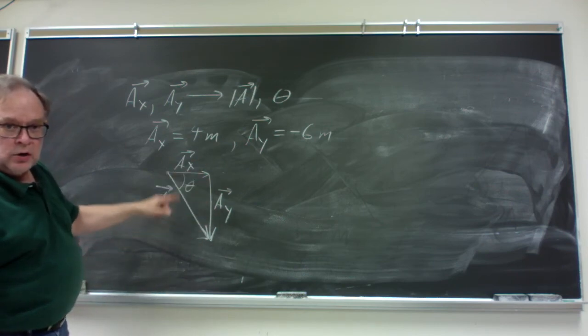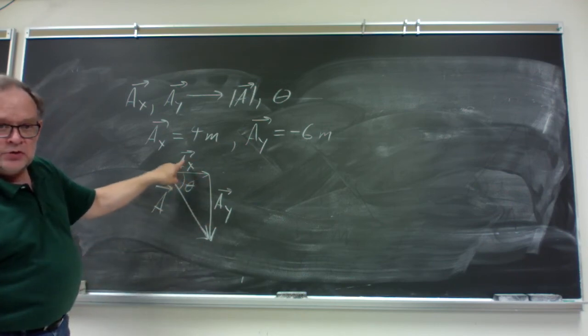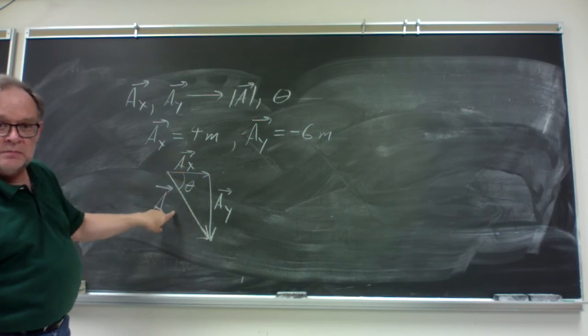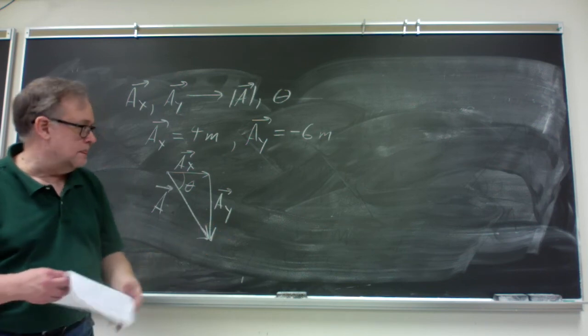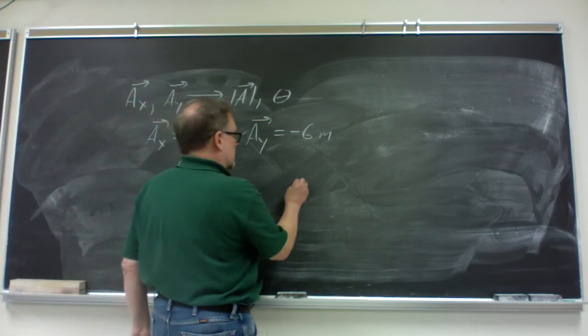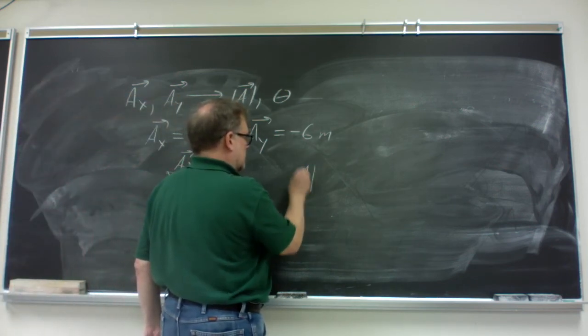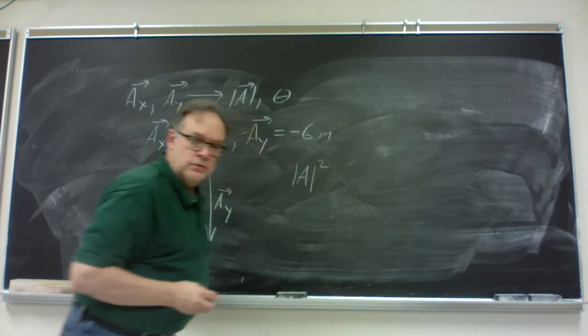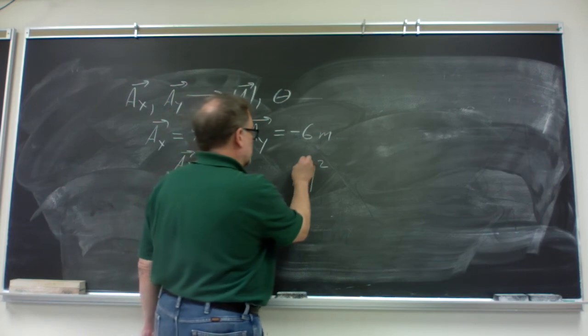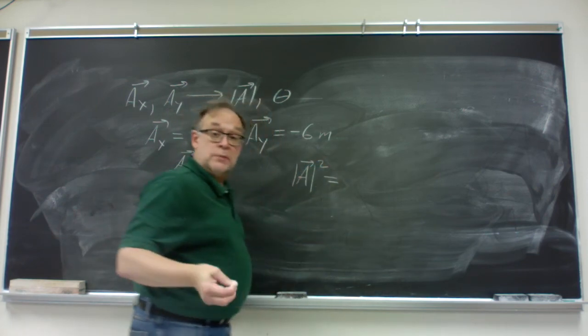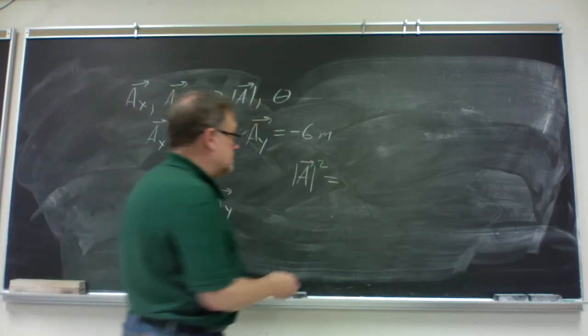So it's a right triangle, and we know the lengths of these two sides, so we can figure out the size of the hypotenuse. Pythagorean theorem. The square of the size of the hypotenuse, which just corresponds to the magnitude of vector A, is equal to the sum of the squares of the other two sides.